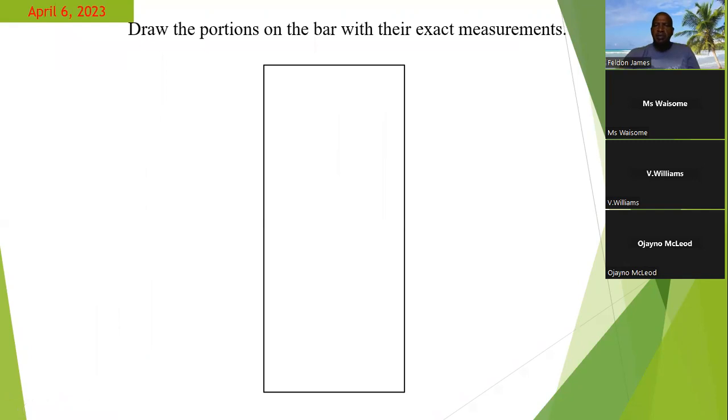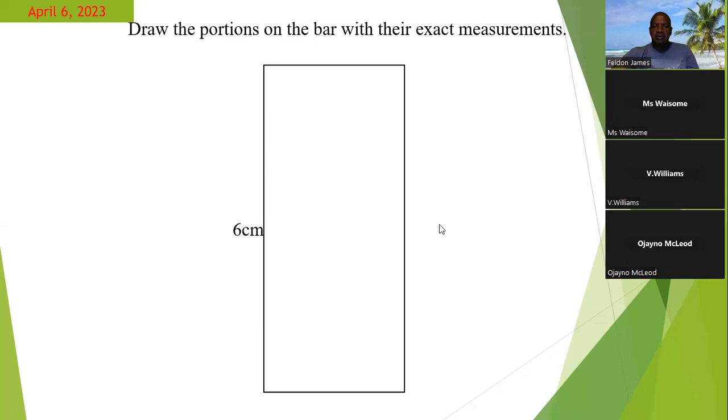And now what we would do is do the calculation, which we would have already done. And then now, based on the calculation, we're going to measure these various heights for the various portions.